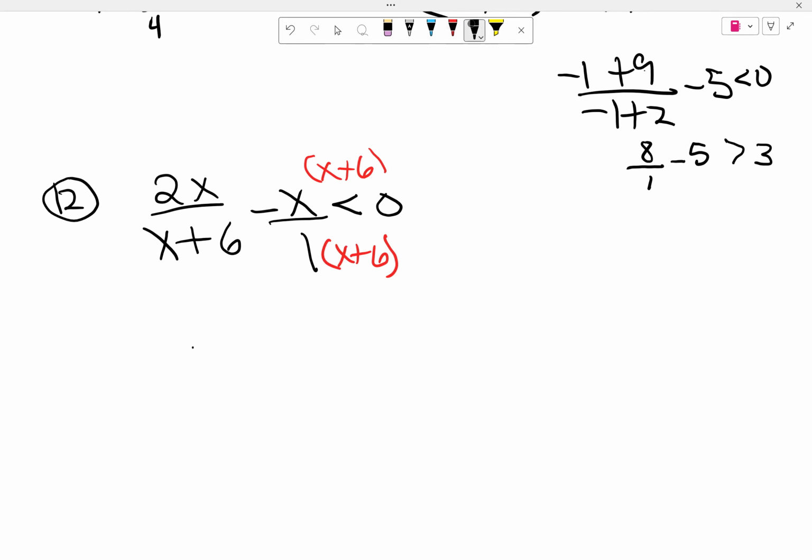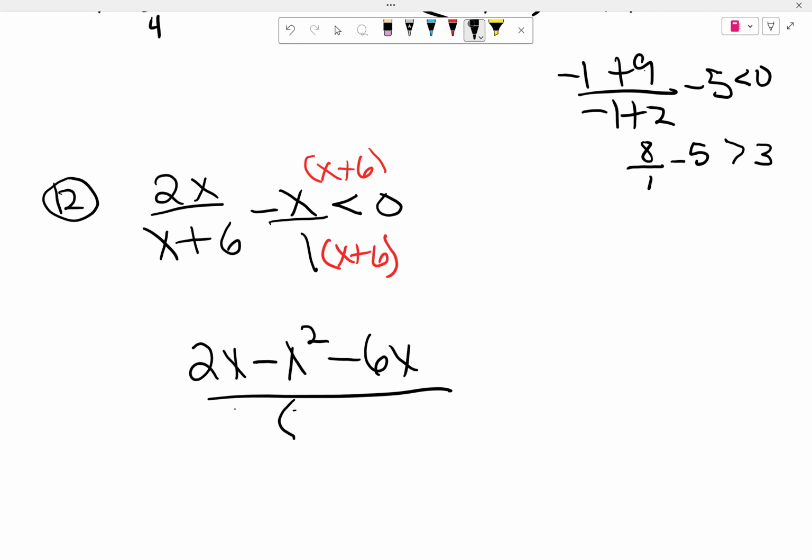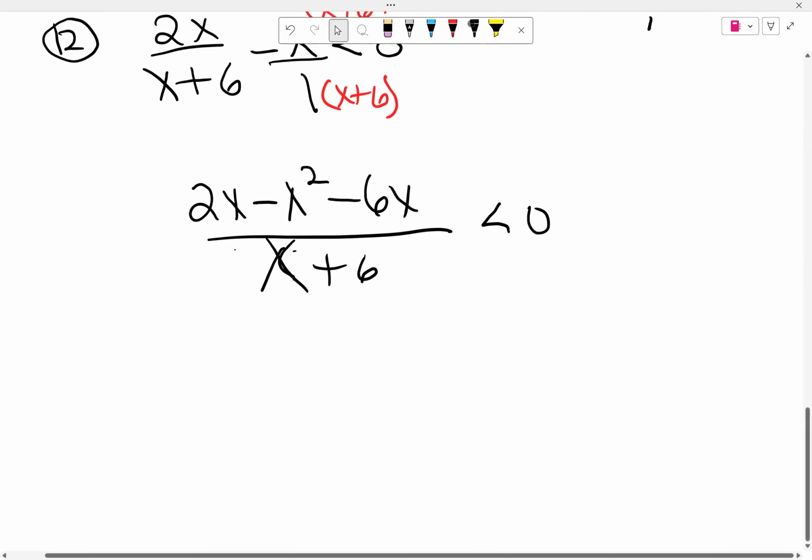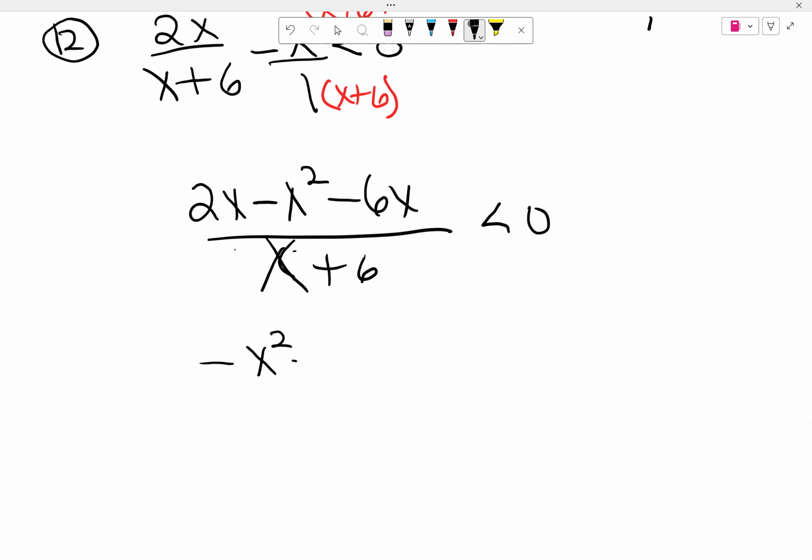So this is 2x minus x squared minus 6x over x plus 6, and this is less than 0. You may want to restructure this, which if you restructure it, you get -x squared minus 4x. This is just going to cancel out 4x.